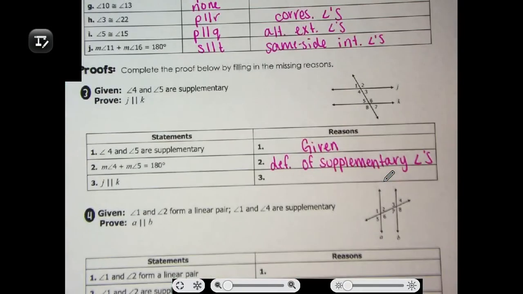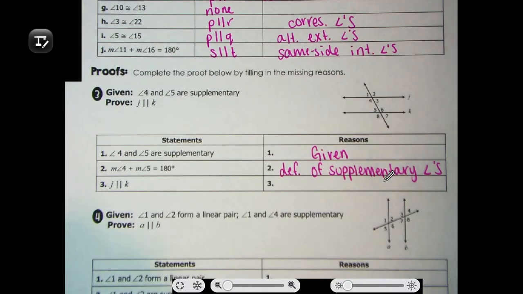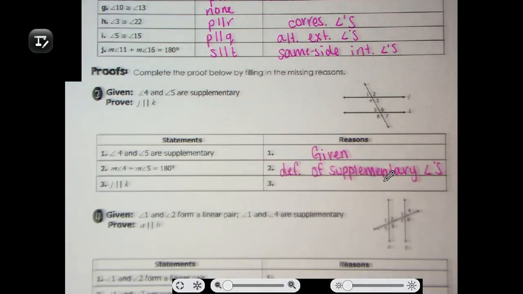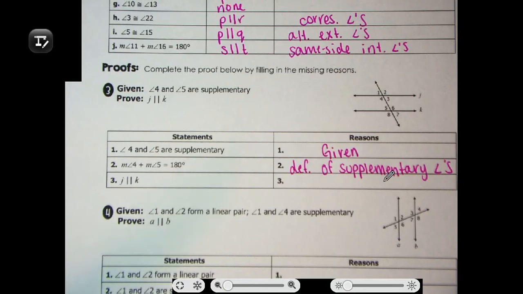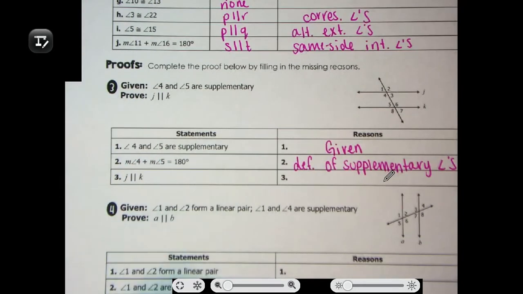All right. So now I come to the final conclusion that J is parallel to K. So now if you're thinking back to the converses that we did, which one told me that when I am able to add these two angles and get 180, those lines were parallel?